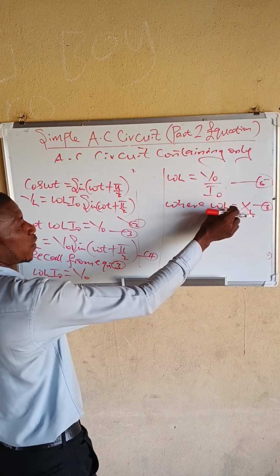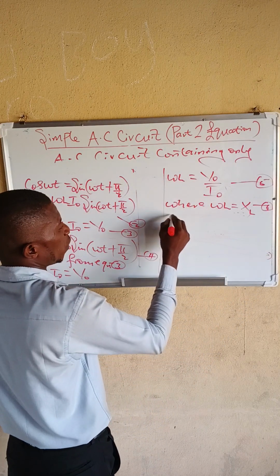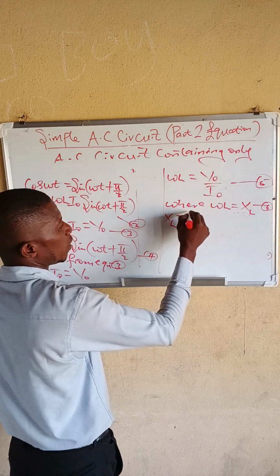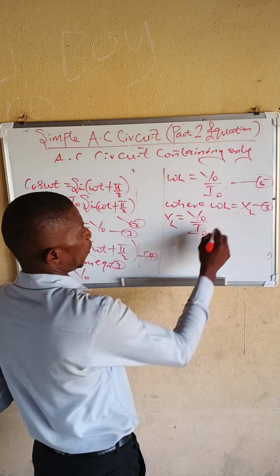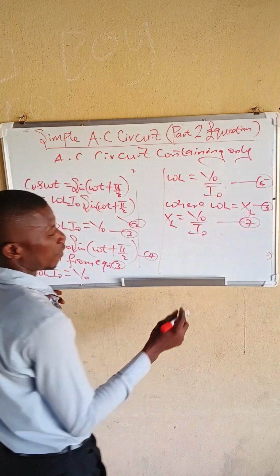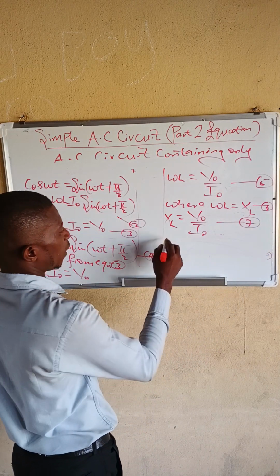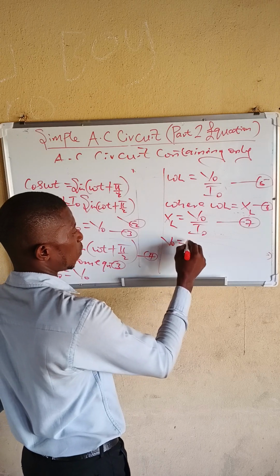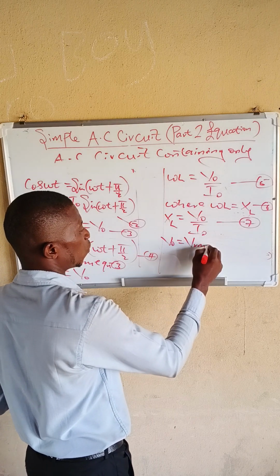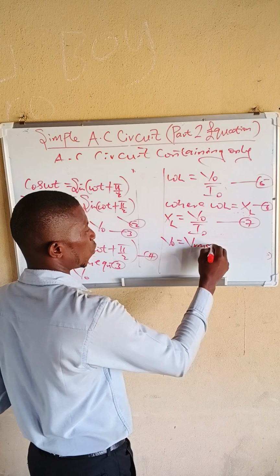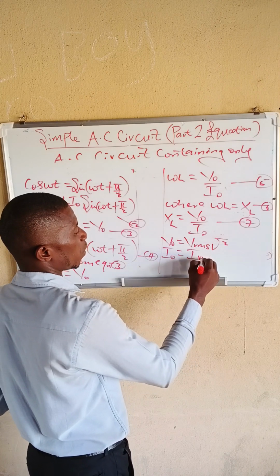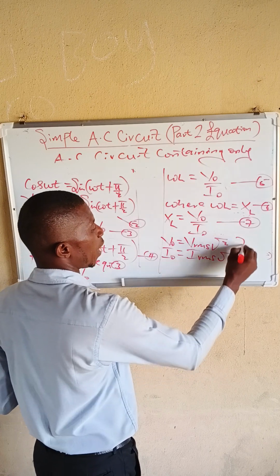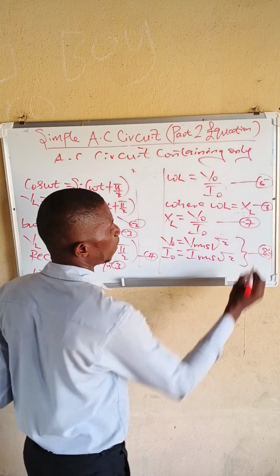So I will substitute this into this place. That will give me inductive reactance is V naught over I naught. Call this equation 7. Recall that V naught is equal to voltage root mean square times root 2, and I naught is given as current root mean square times root 2. I call this equation 8.